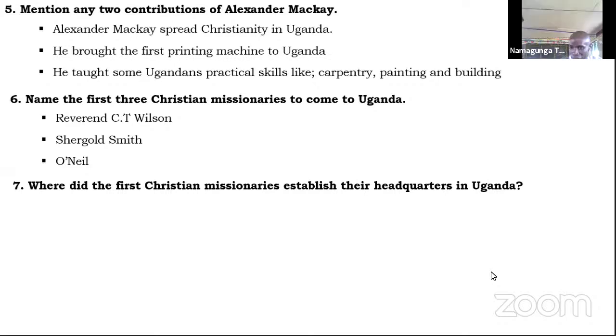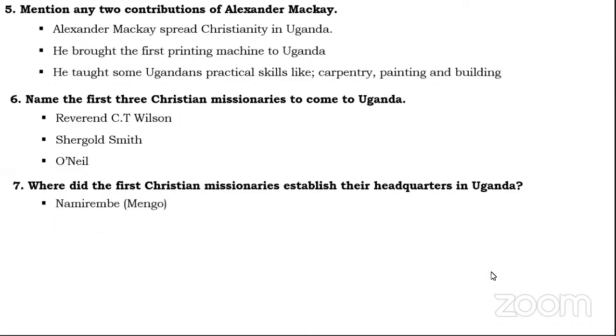We have lost Amuge. We can get it from Naluoga Rachel. Naluoga, unmute and give us the answer. Where did the first Christian missionaries establish their headquarters in Uganda? Oh, so the question was, where did the first Christian missionaries establish their headquarters in Uganda?